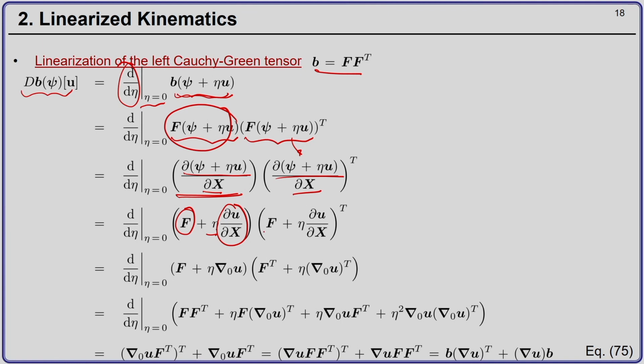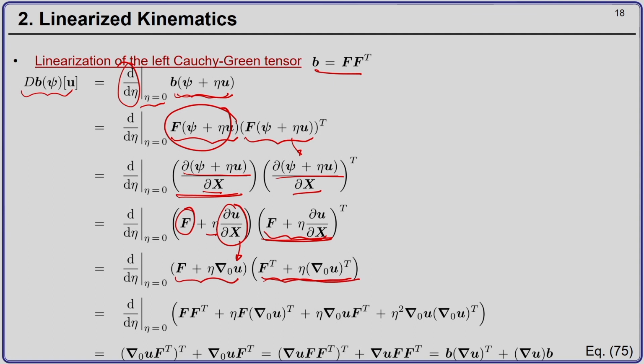In the second bracket, we have again F plus eta del u by del x, transposed. So, if I take the transpose inside, that will be F transpose plus eta times the material gradient of u transpose. I can write del u by del x as the material gradient of u, del 0 u. So, I have (F plus eta del 0 u) into (F transpose plus eta del 0 u transpose).